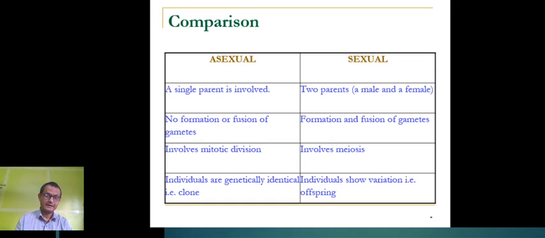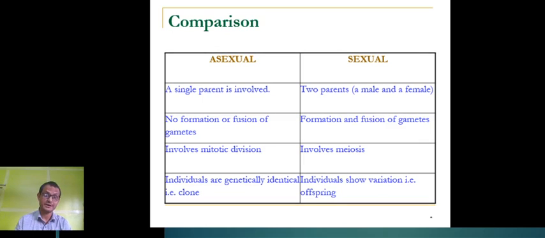But in sex cells or reproductive cells, meiosis takes place. So in asexual reproduction, there is always mitotic cell division. But sexual reproduction involves meiotic cell division.